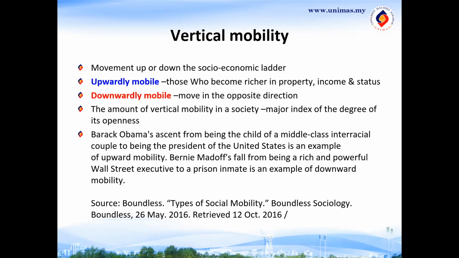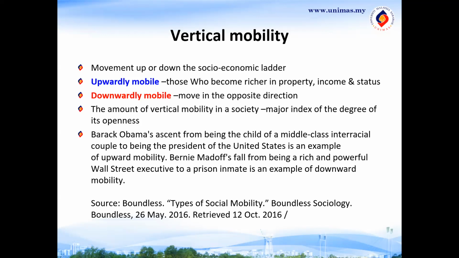On the other hand, another person, also from the United States, by the name of Bernie Madoff, fell from being a very rich, very powerful Wall Street executive to a prison inmate, yeah, went to jail and so on. That's an example of downward mobility.